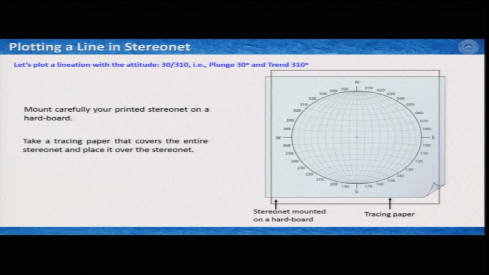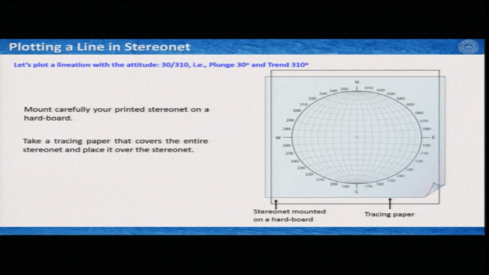Now, generally in classes we show students directly, but here, because this is an online lecture, it was not possible to show you one to one or sitting at a desk. So, what I try to do is give a series of illustrations that would at least help you to understand how it is done.